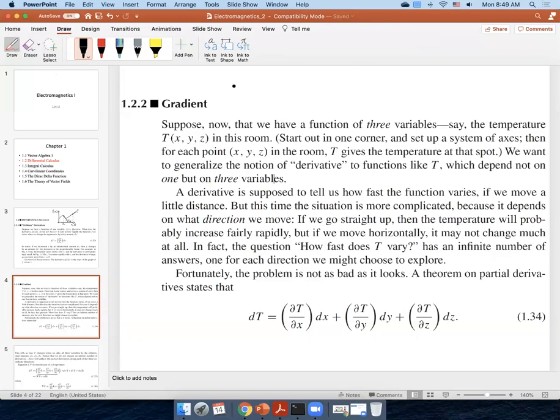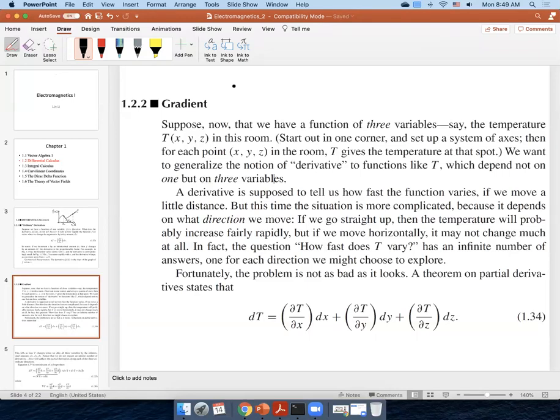Then you will figure out that at different locations, the temperature might be different. For example, in the upper floors, the temperature might be higher. In lower floors, the temperature might be lower, if there are no air conditioners, of course.